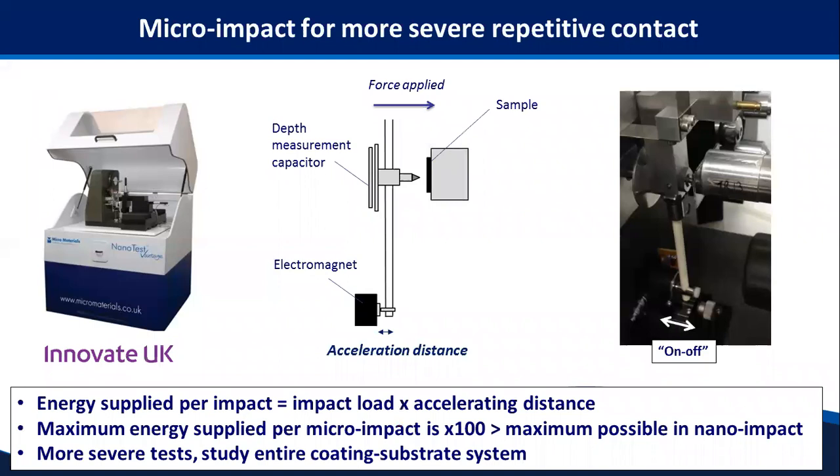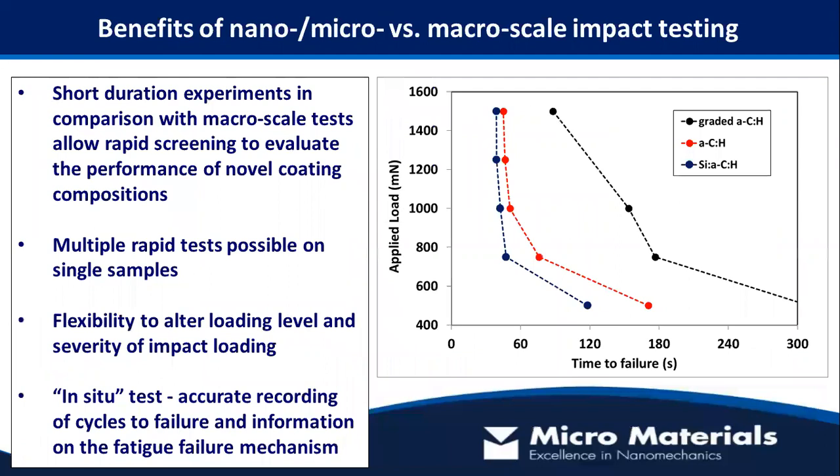So we've developed micro impact tests. We've just adapted a similar approach for our high load head, and this allows us to produce more severe impacts, with maximum forces and maximum energies typically a couple of orders of magnitude higher than is possible in nano impact. So it's, again, a very flexible test.